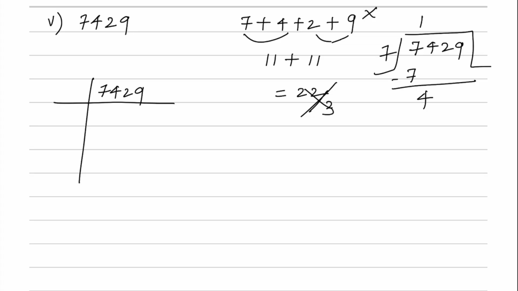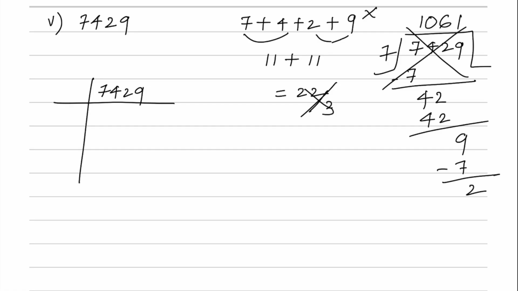Since we have taken 4 down, but 4 is not really divisible by 7, you have to take one extra number down, which is 2. Now when you're taking 2 numbers down at a time, you have to put 0 right here. Now we know 7 6s are 42. Again if you take that 9 down, I'm going to have 7 ones are 7, but again 2 is going to be a remainder, so this is not divisible by 7.